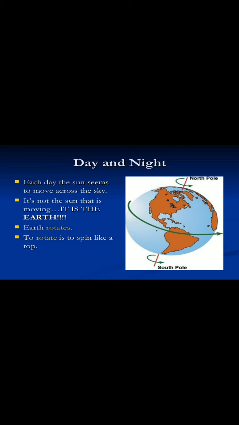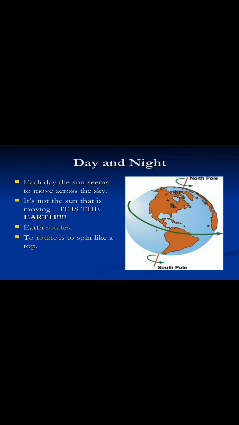Now let's take another concept, day and night. Each day the sun seems to move across the sky. It is not the sun that is moving, it is the earth, and we know that the sun is at a fixed place, right? It is our earth that rotates, and when the earth comes in front of the sun, it becomes noon.